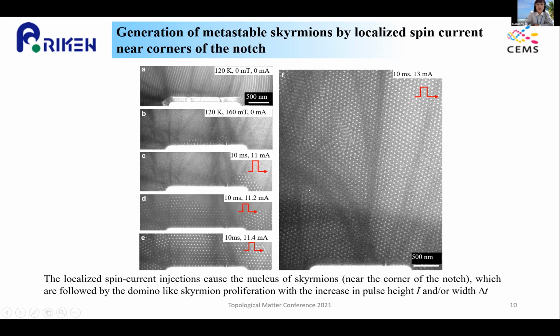Finally, we can see this skyrmion phase develop over the sample and completely replace the non-topological conical structure. It means this electron current pulse can generate metastable skyrmions.